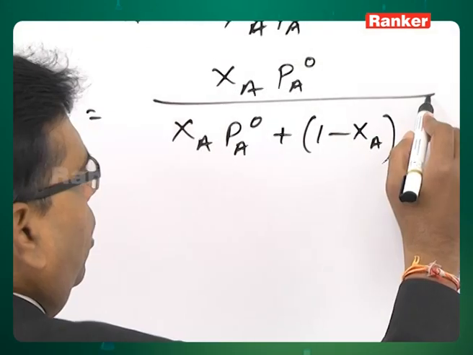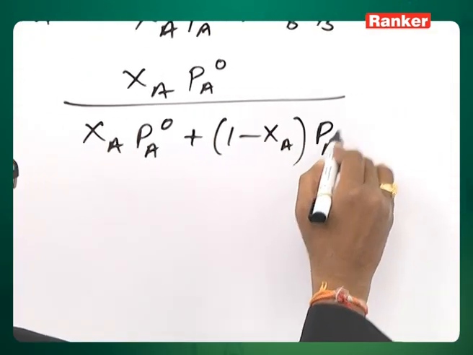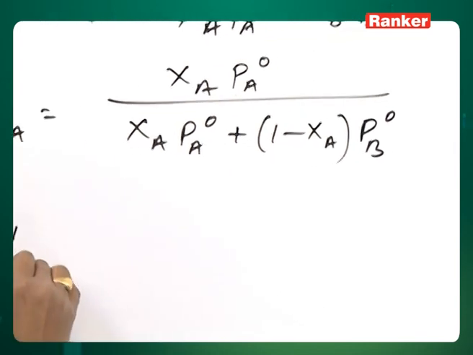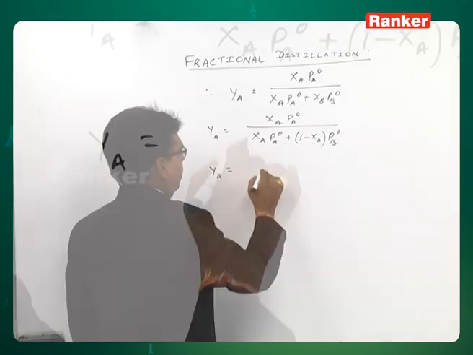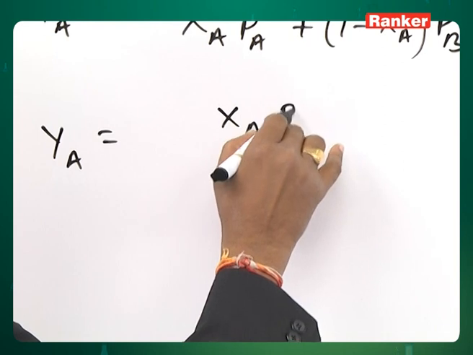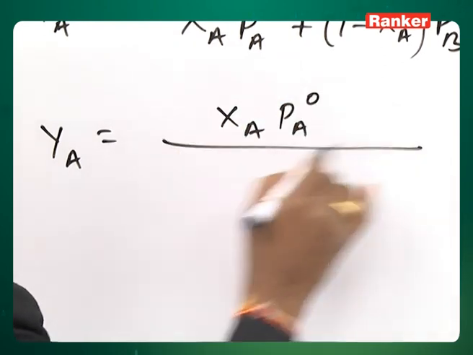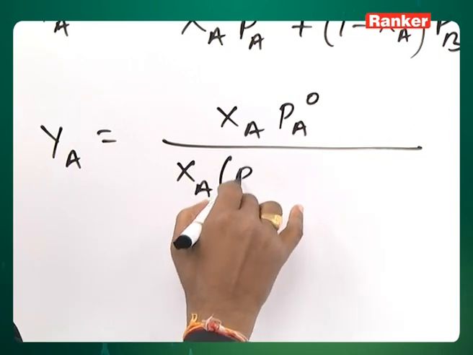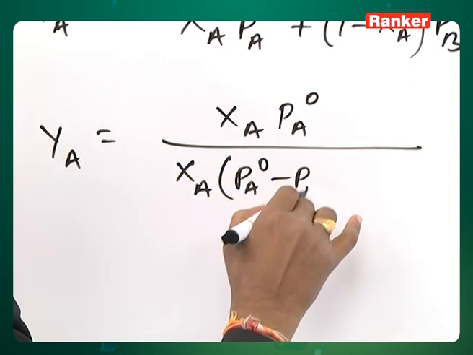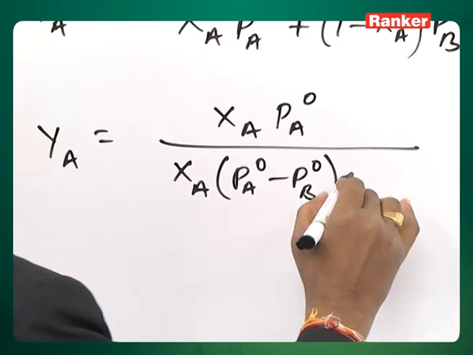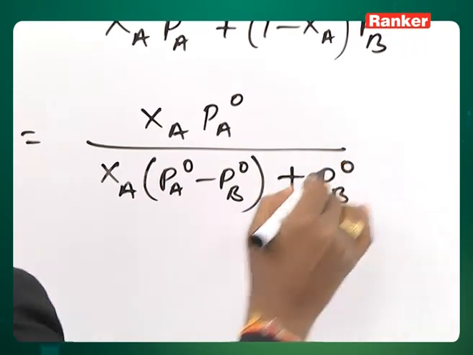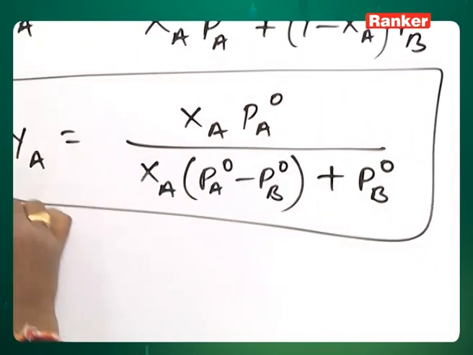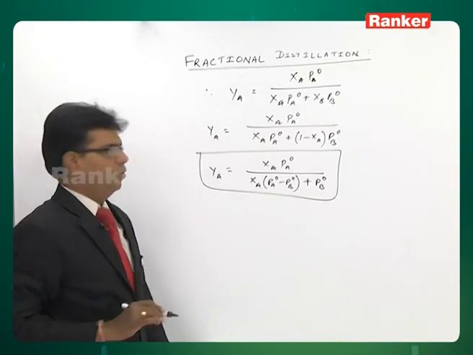So, X B is equal to 1 minus X A, into P B naught. This in turn I can write as X A P A naught by X A into P A naught minus P B naught plus P B naught. This is another way of writing the same thing.